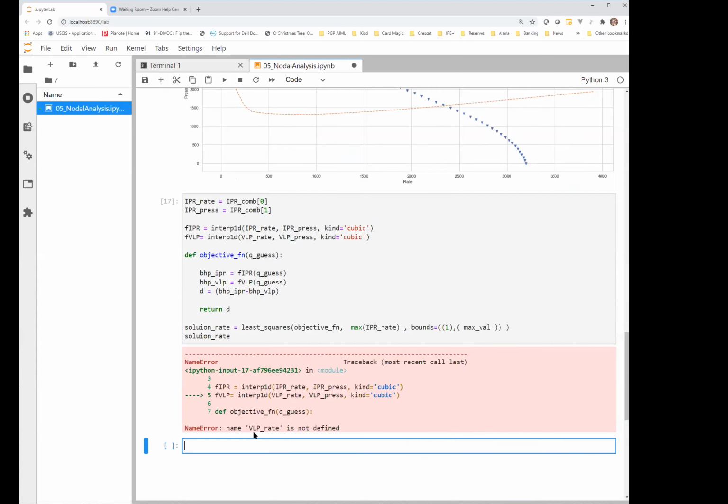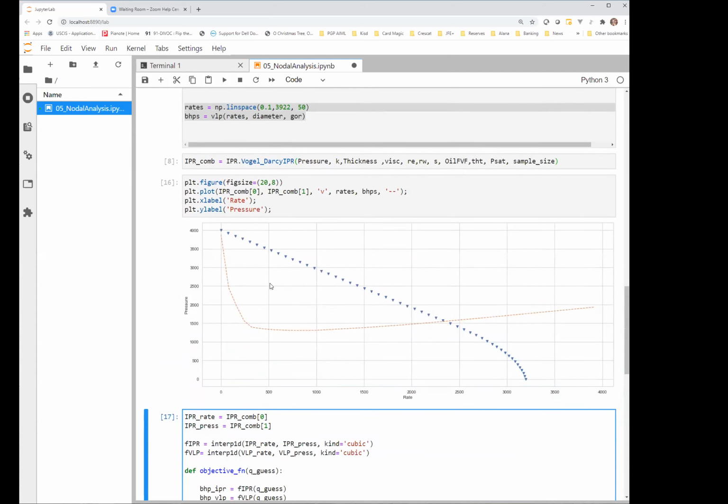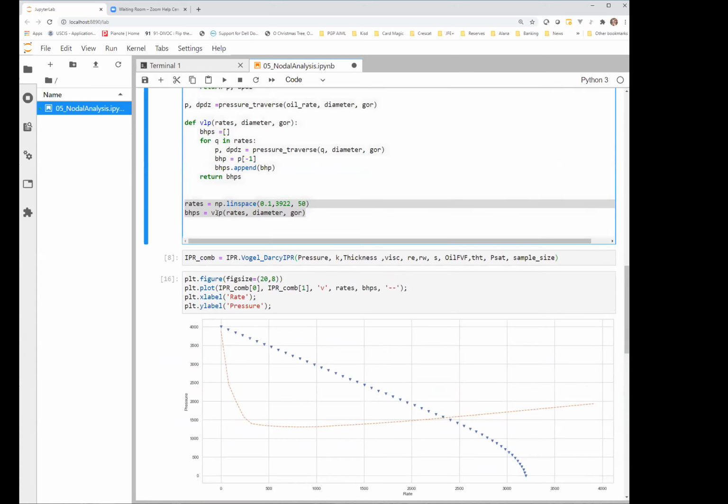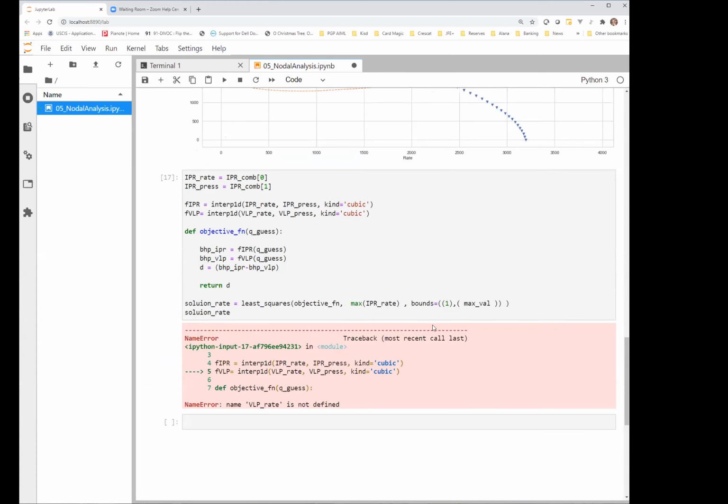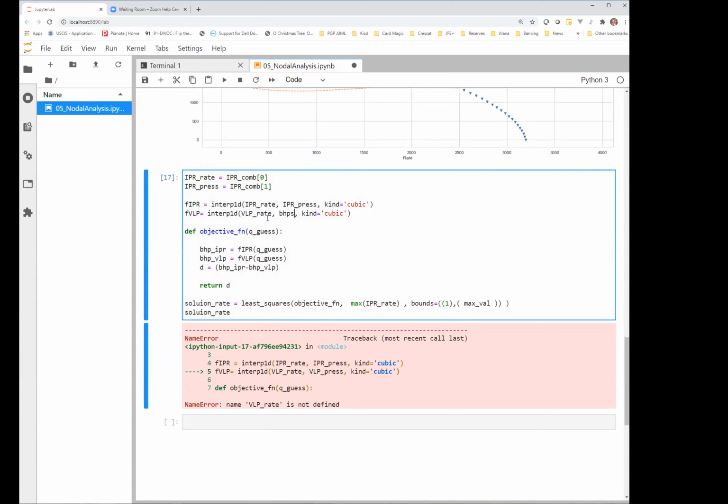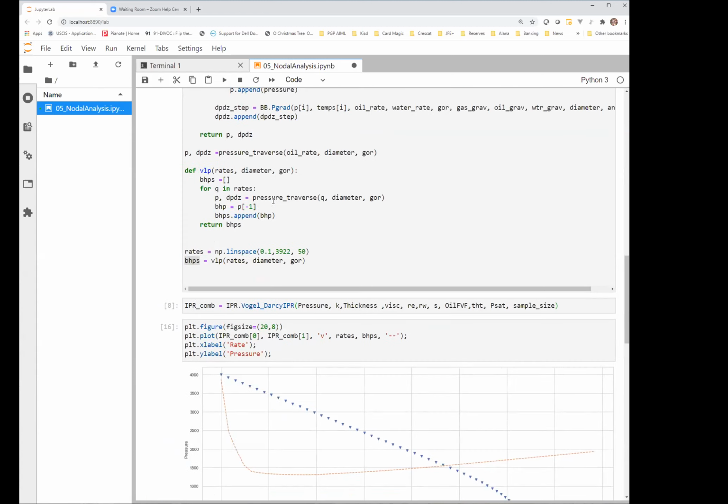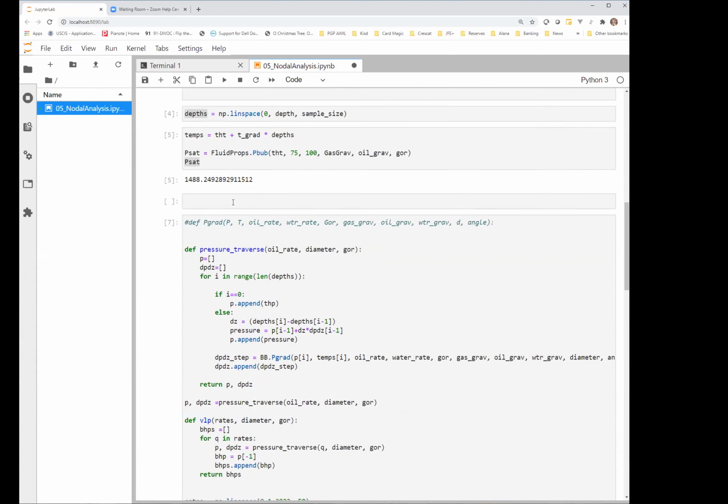Okay, VLP rate is not defined. VLP rate is in reality BHPs, which is the two.